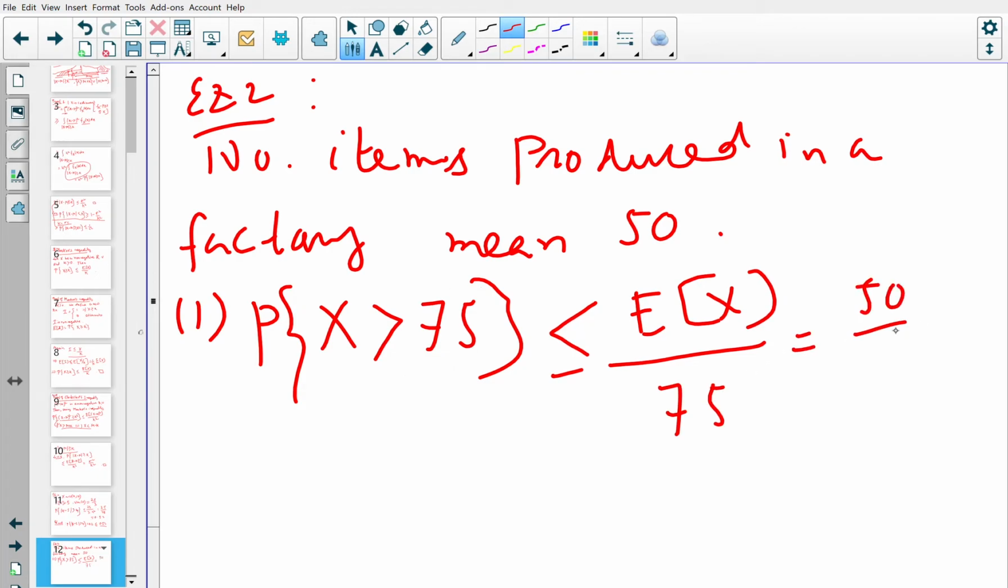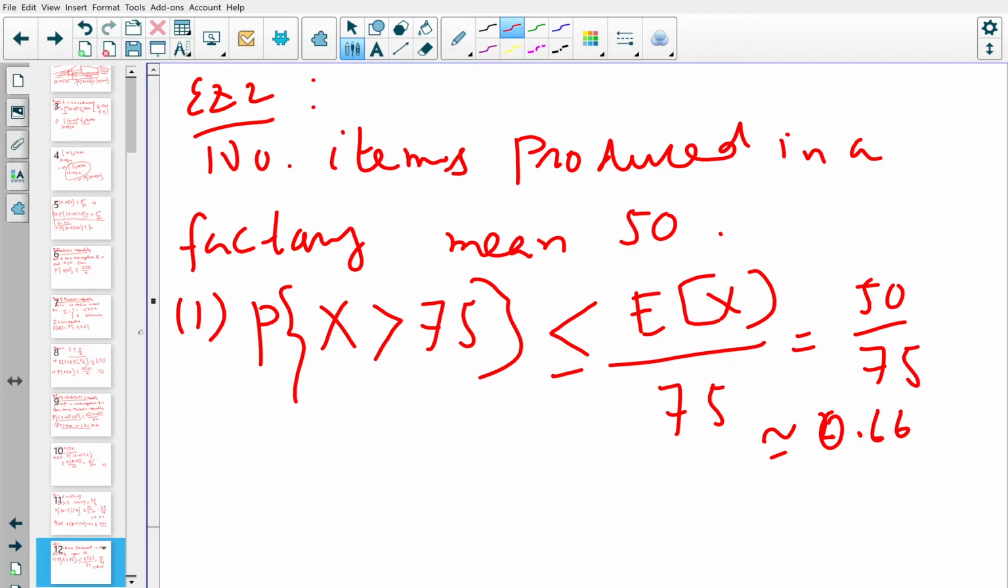This tells you it cannot be more than that. So this quantity is something like 2 by 3, approximately 0.66. So the probability that items produced in the factory exceed 75 is at most 2 by 3.